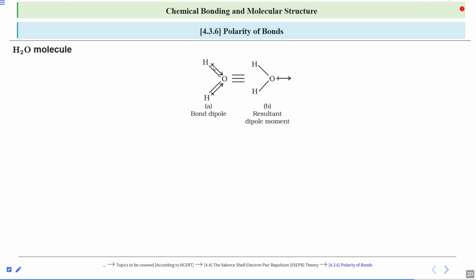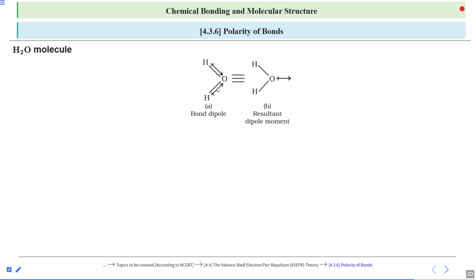As a result, your dipole moment will start from the positive side, which is hydrogen, and move on to the oxygen. So remember this: always your direction of dipole moment would be from the less electronegative element to the more electronegative element, because in chemistry, the dipole moment has direction from positive to negative.